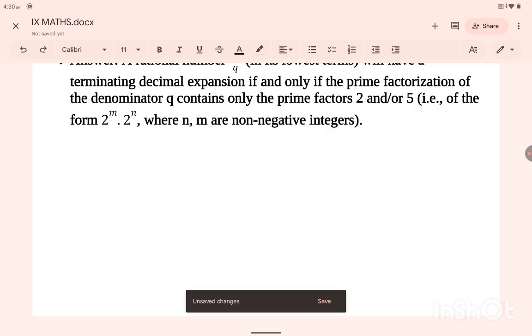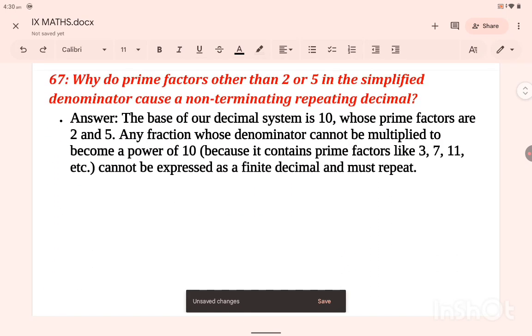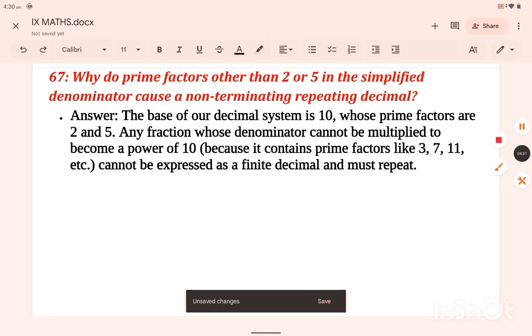Now, next question, 67. Why do prime factors other than 2 or 5 in the simplified denominator cause a non-terminating repeating decimal?